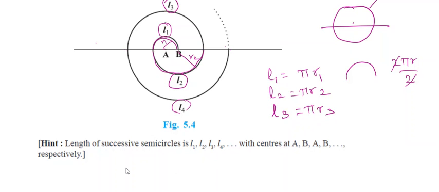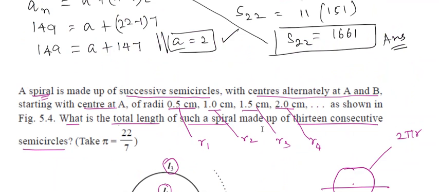Now, what is asked here? The total length of that spiral figure. So what you can do, the total length is equal to L1 plus L2 plus L3 plus L4, etc. Till how many such semicircles? That we have to find out. What is the total length of such a spiral with 13 consecutive semicircles?